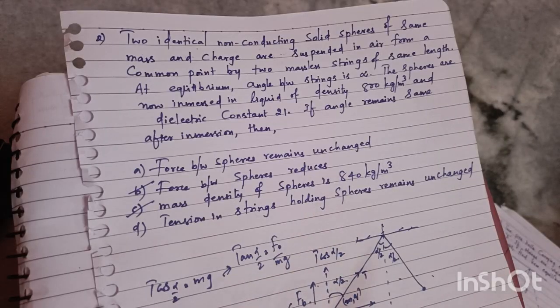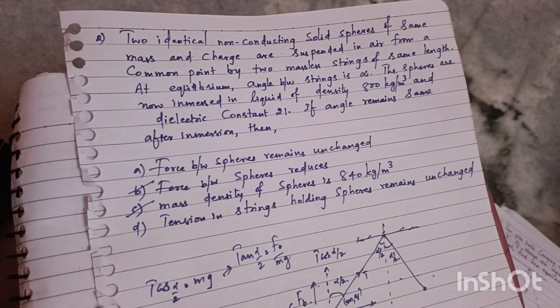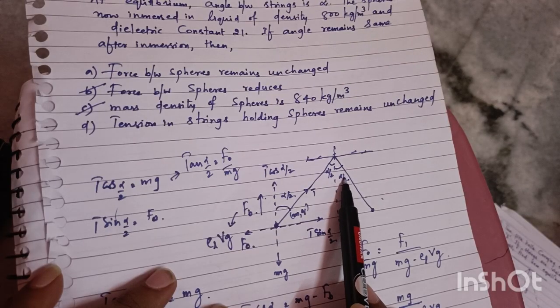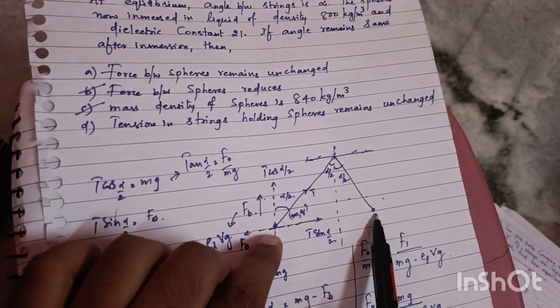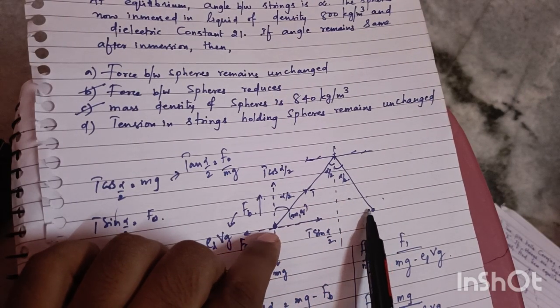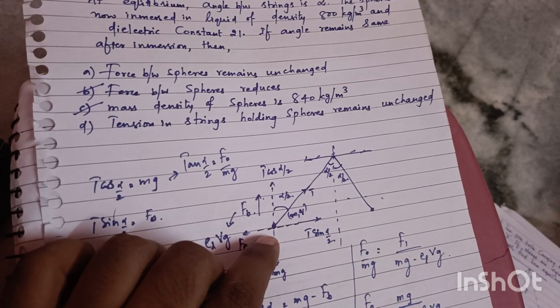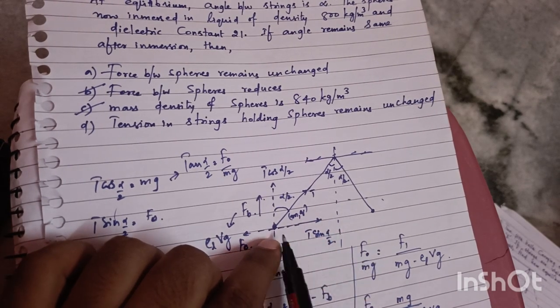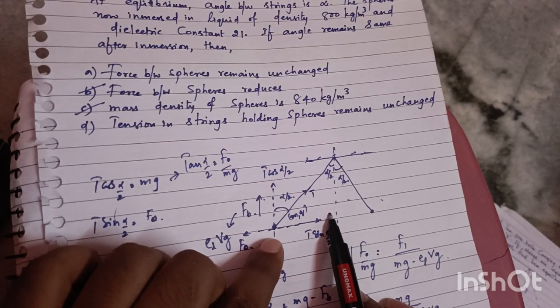In the first option, force between the spheres remains unchanged. That is not correct, because the given separation angle is not changing, and if we introduce a medium into the charges, then the force changes.